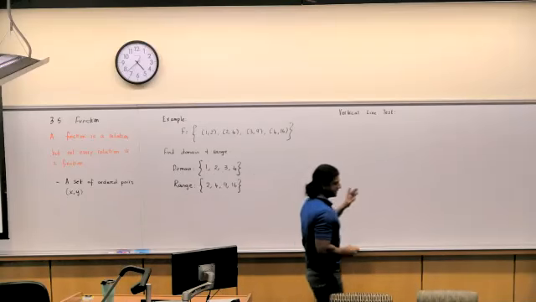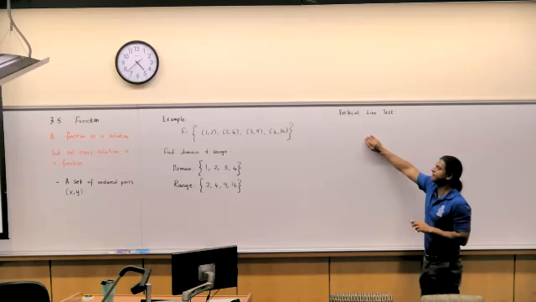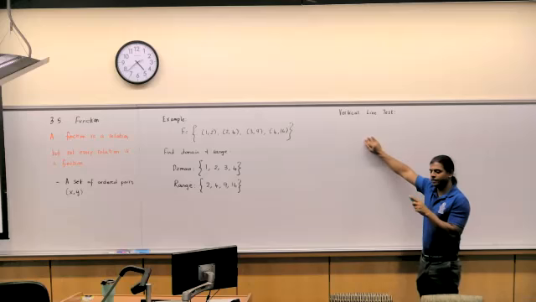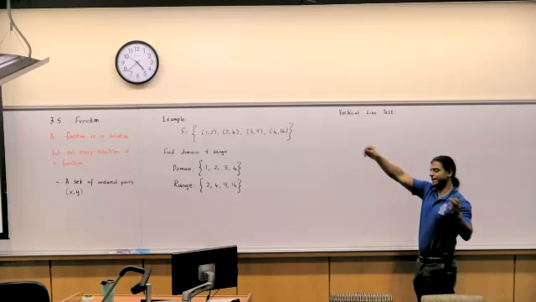So we can determine if a relation is a function or not by doing what we call a vertical line test. Of course, the vertical line test would only work if you have a nice little curve.